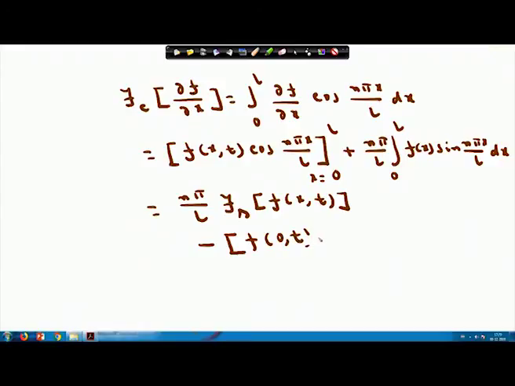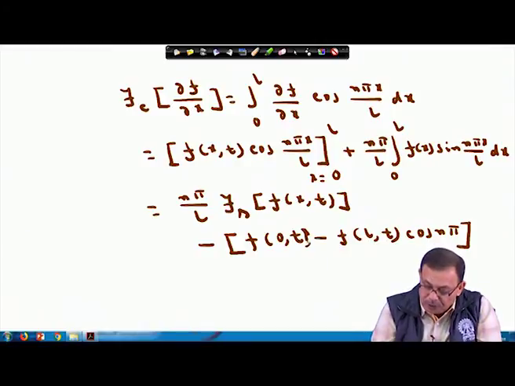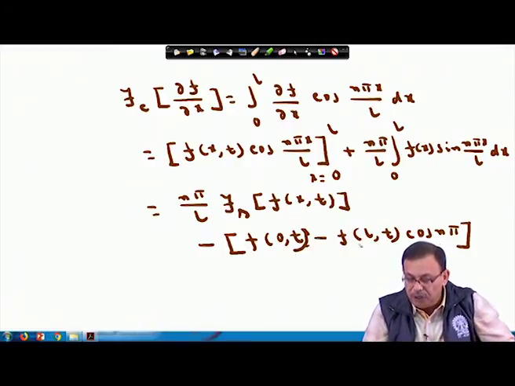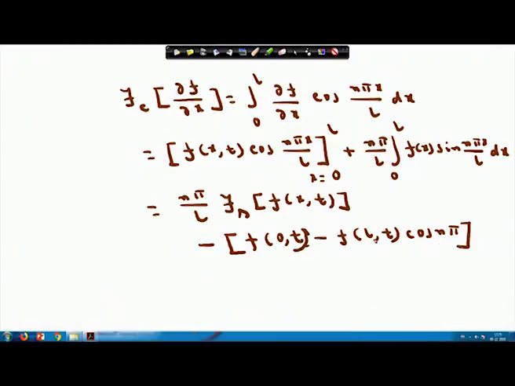So f of 0 t minus f of L t into cos n pi. I will come to this: whenever I want to use the finite Fourier cosine transform, I need to know the values of f of 0 t and f of L t, otherwise I cannot evaluate this.